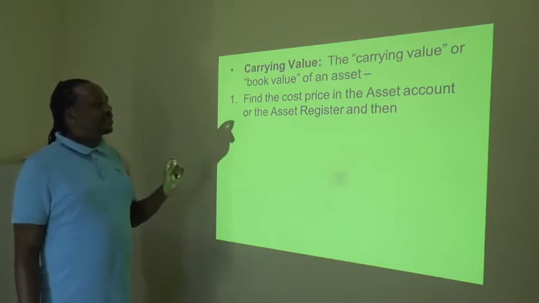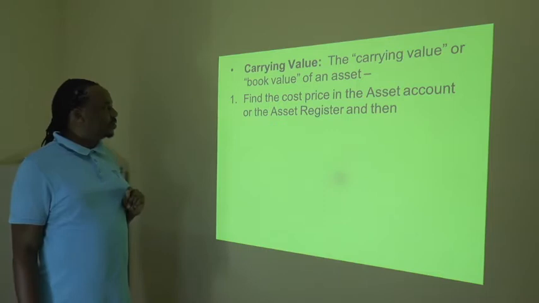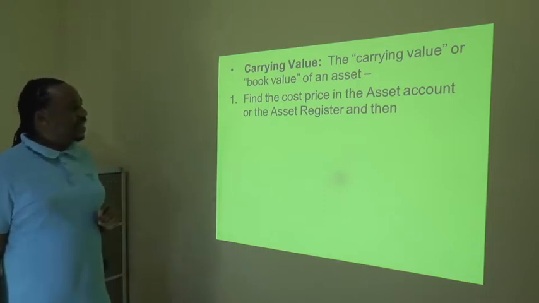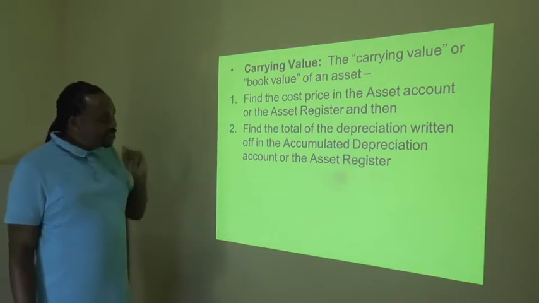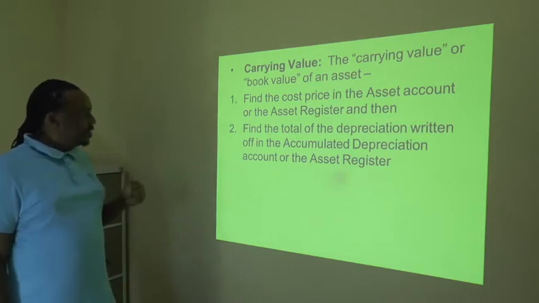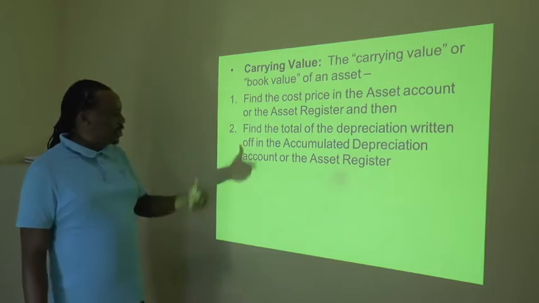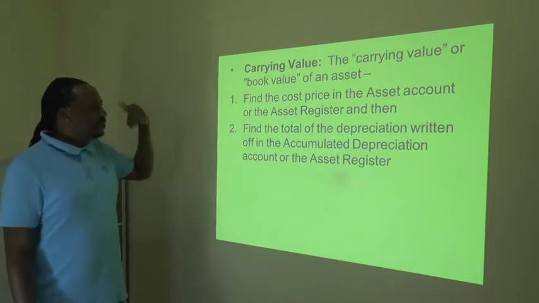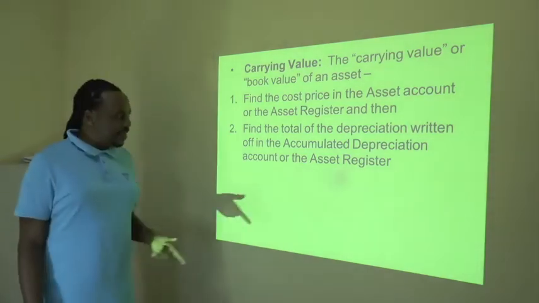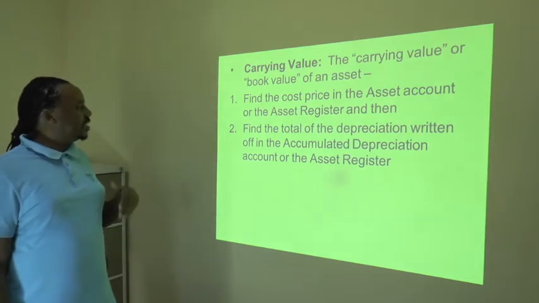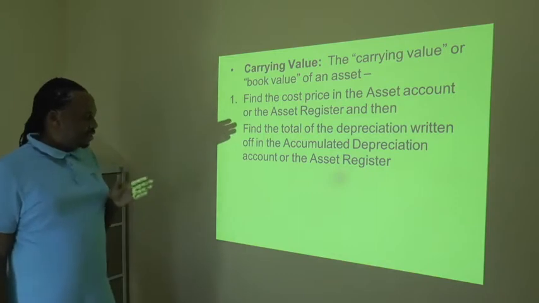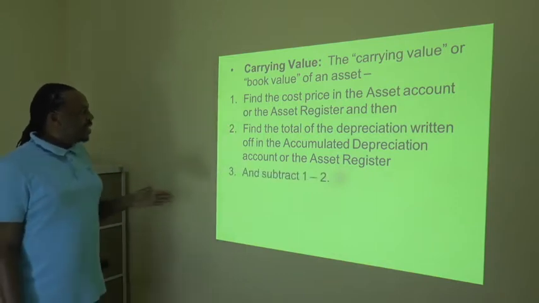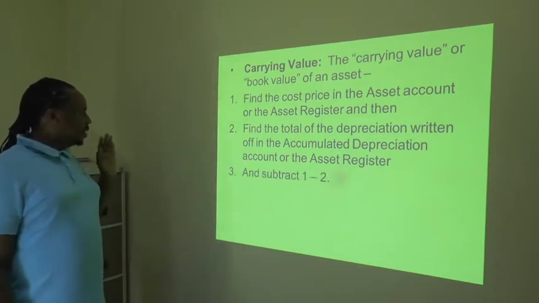Find the cost price in the asset account or the asset register, and then find the total depreciation written off, which is known as accumulated depreciation, where the depreciation of the asset has been accumulated.